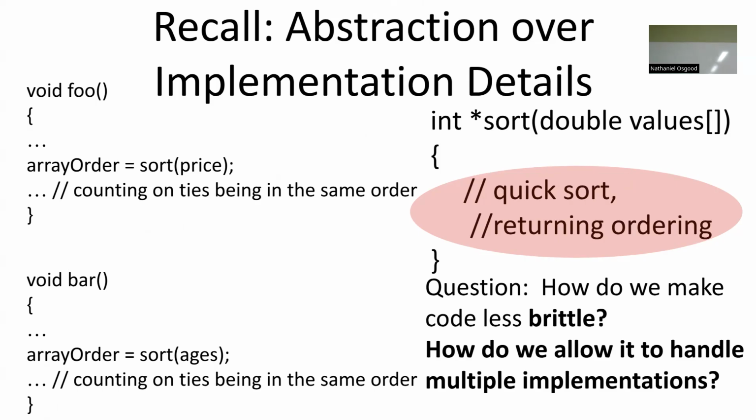This is wild. The user didn't know what they could count on, so they counted on ties being in the same order. They don't know what this guarantees. Because we don't know what they're counting on, we may change it in a way that's incompatible with what they're counting on. They're counting on ties being in the same order. We didn't know that when we changed this, right?